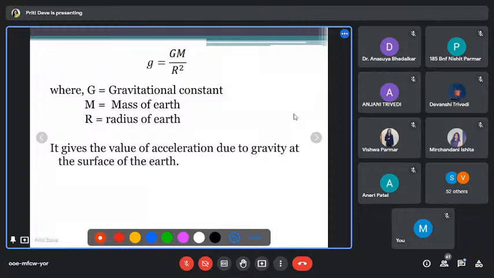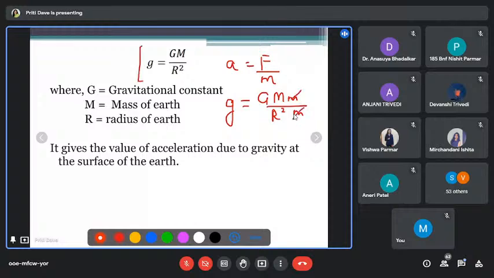Now, we know that acceleration is force per unit mass. Here, this acceleration we're talking about is acceleration due to gravity. The equation of force we just said is GMm by r squared, and divided by m, so m and m get cancelled.